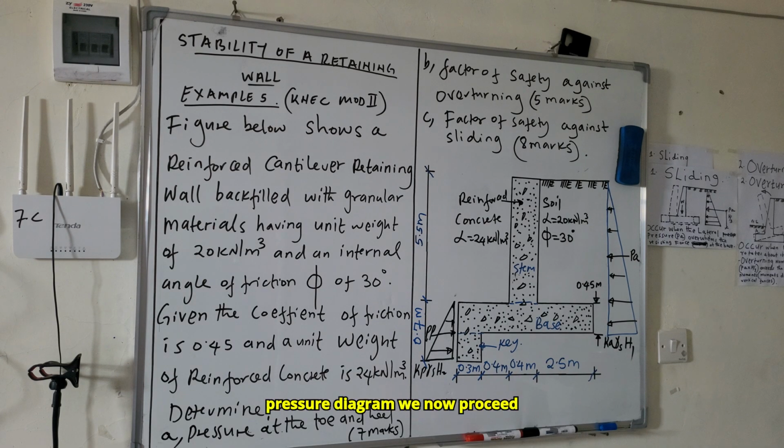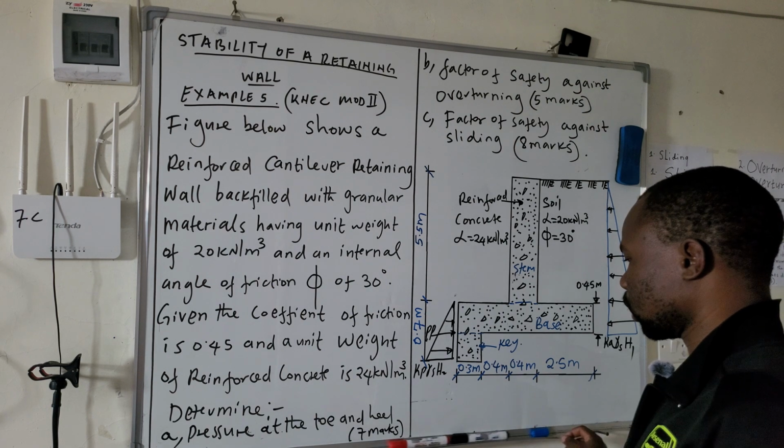After the pressure diagram, we now proceed to the active pressure, which is PA. So we will first calculate the active pressure PA.